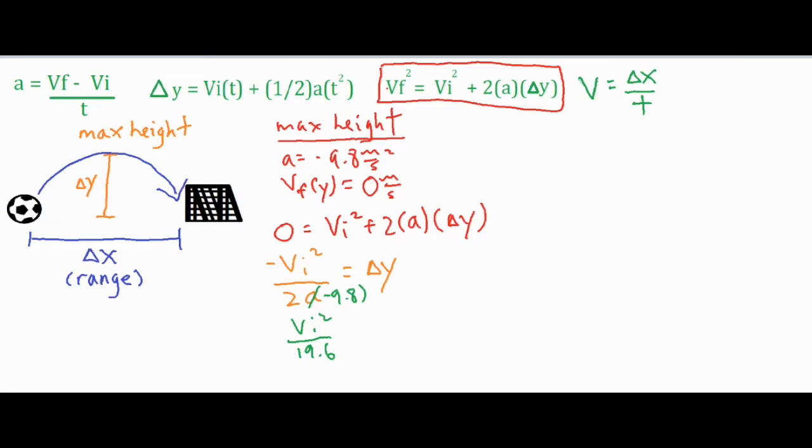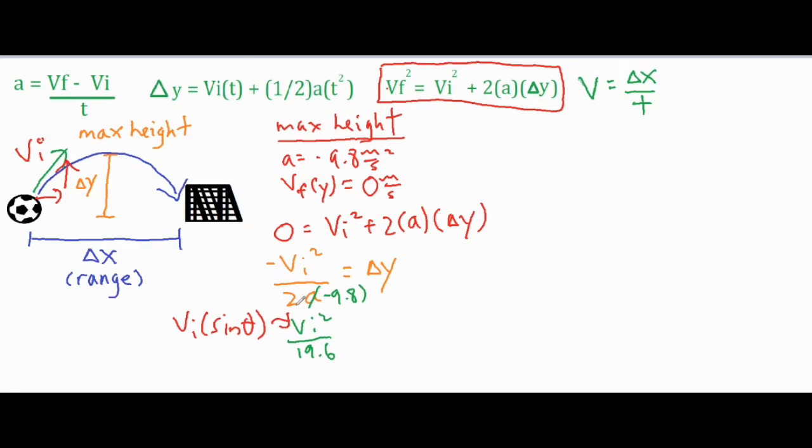In addition to that, we can also do one more thing. Our vi right here stems from our original velocity. We have a horizontal and vertical velocity that is broken up from the main initial velocity of our projectile. In order to get the y component, we take the original initial velocity times the sine of the angle.